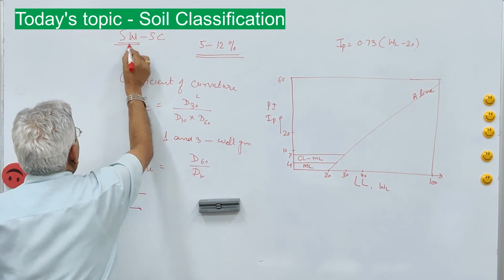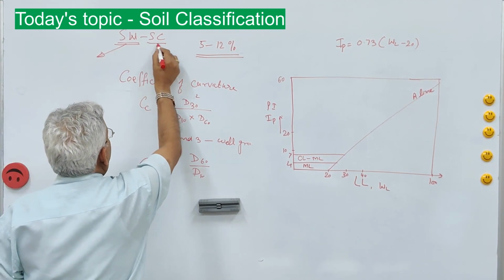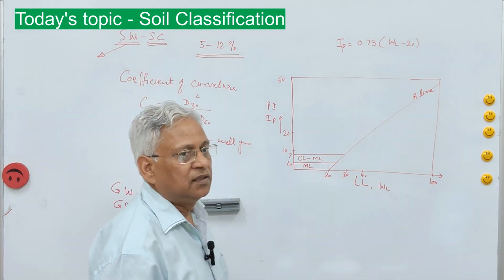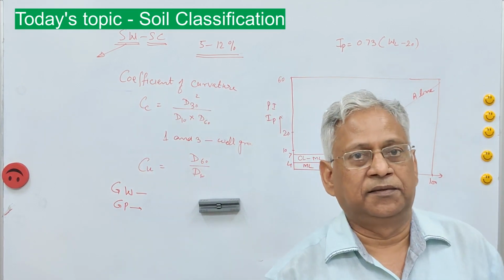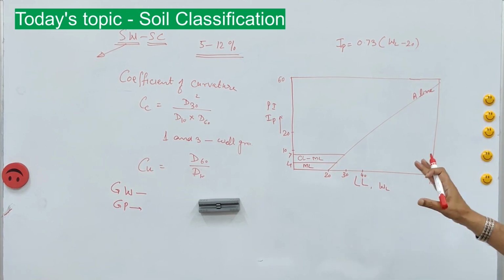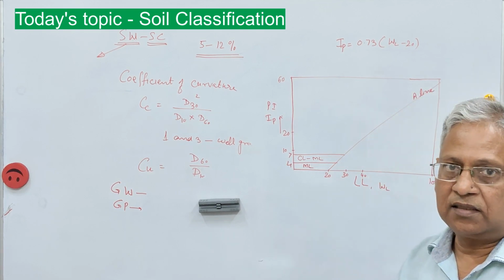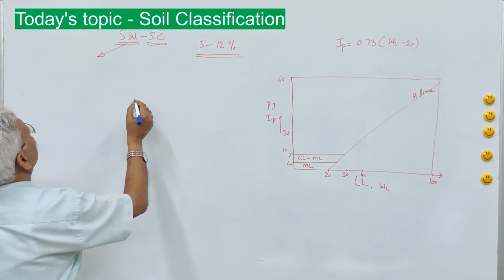The first symbol is basically gradation, that is well graded sand, and the second symbol indicates the amount of clay present in the sand. So that is the nature of fines which are present here. And it will also plot above line A. So that is how coarse grained soils are classified according to the IS system of classification.